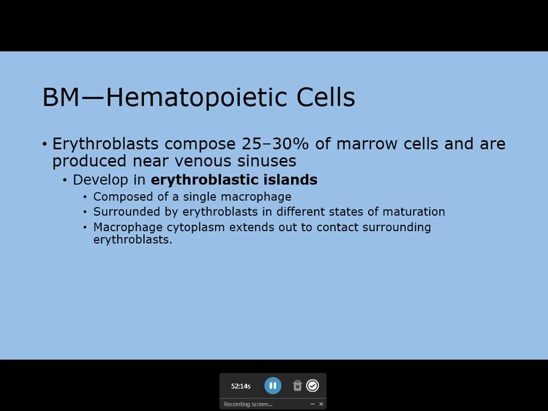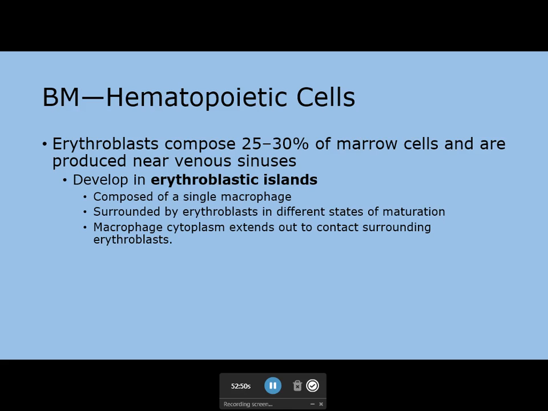Every cell has a name: rubriblast, prorubricyte, rubricyte, metarubricyte, erythrocyte. But when they're in the bone marrow, a lot of times they're just called erythroblast. That's a generic term for a nucleated red cell, no matter what stage it's in. It shouldn't be, but that's what they do; they lump them all together as erythroblast.